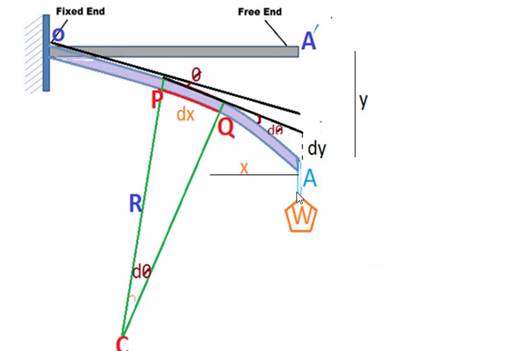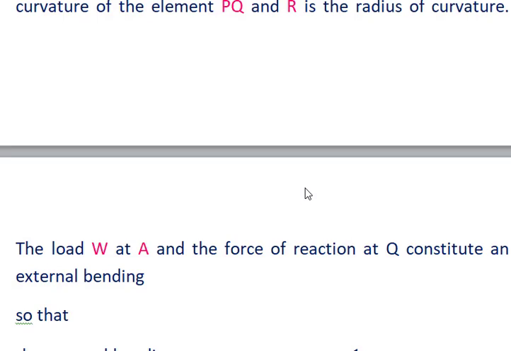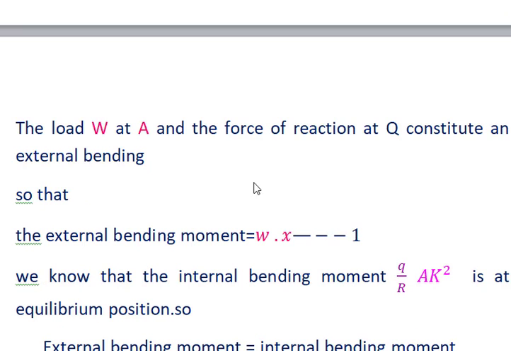The load W at the free end and the force at Q constitute an external bending moment. So the external bending moment is W into x, that is weight into the distance x.